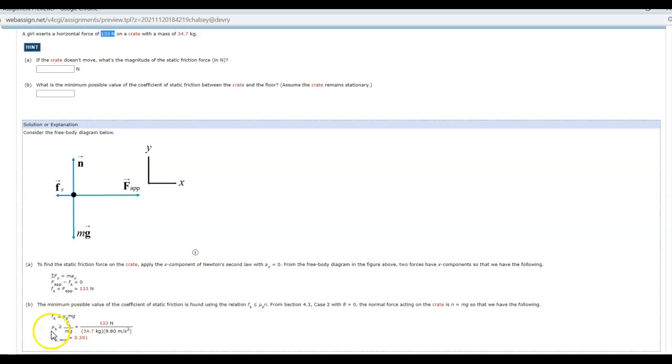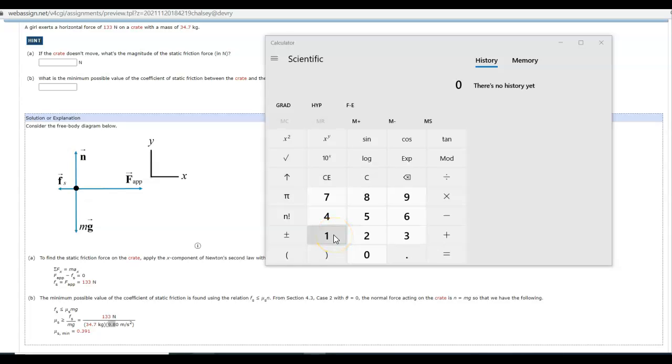So if we solve for the coefficient of static friction, we have the static force that's applied divided by the mass times acceleration due to gravity. So we have 133 newtons, which was the applied force, and we divide that by the mass of the crate that was given times acceleration due to gravity. All right, so let's put that in the calculator.